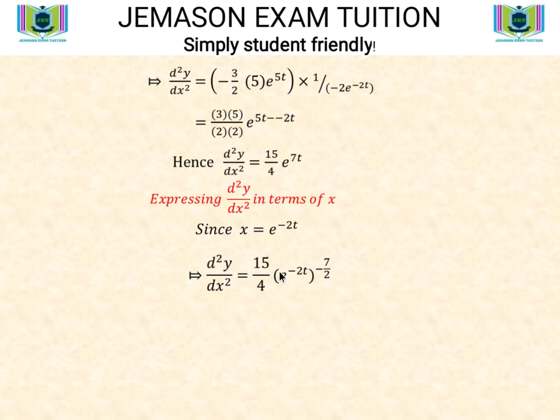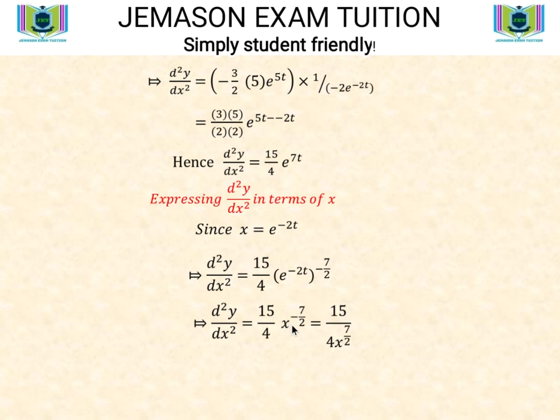And so in this form now we can see that the bracket has e to the negative 2t, which corresponds to x, so that in the next step we replace it to have d squared y over dx squared equals 15 all over 4 x to the power negative 7 over 2. You can see that the bracket has been replaced by x, while negative 7 over 2 remains the power of that exponent.